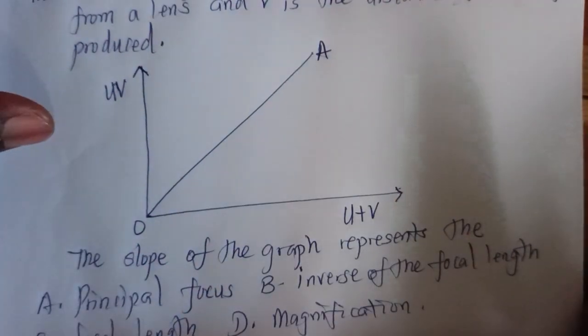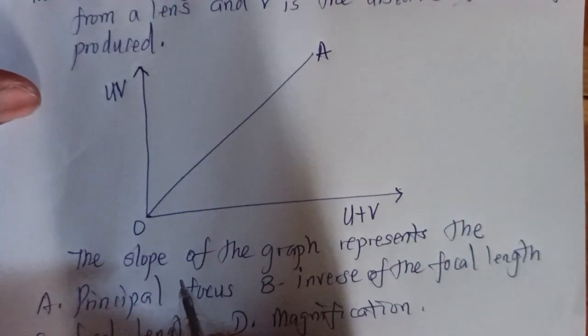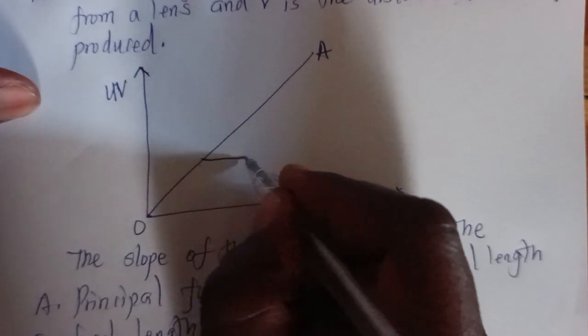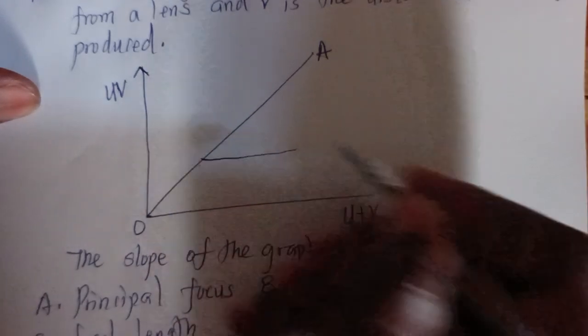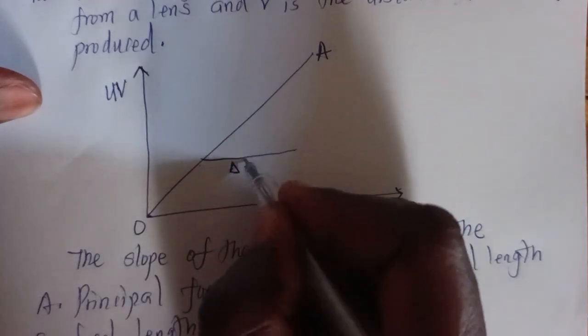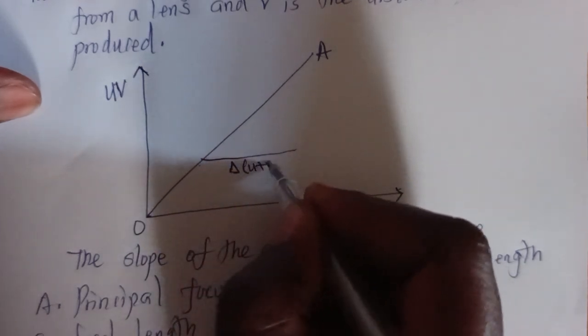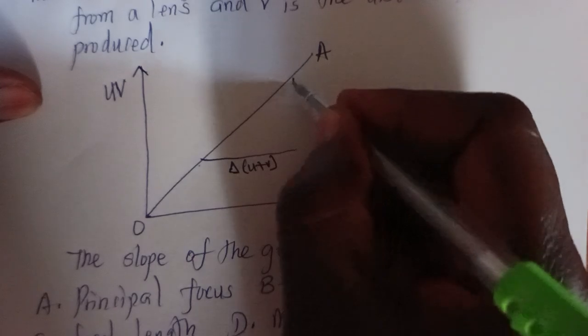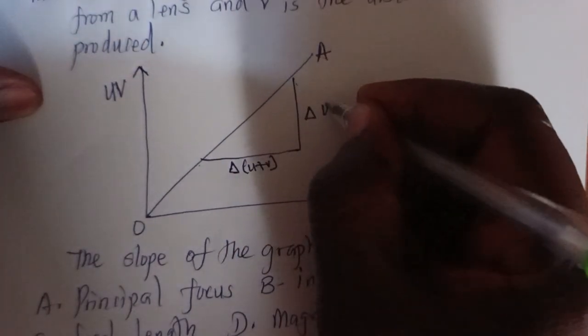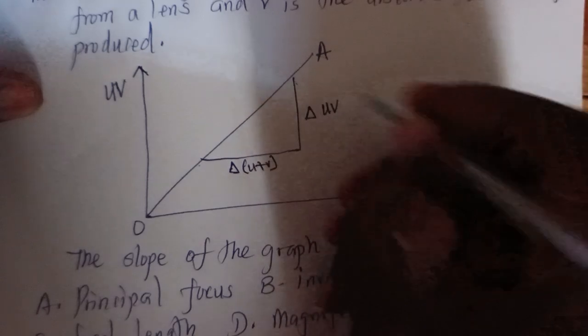Now, how do we determine the slope of a given graph? In this graph, we have the change in the sum of the object distance and image distance on the horizontal. Then on the vertical, we have the change in the product of the object distance and image distance.